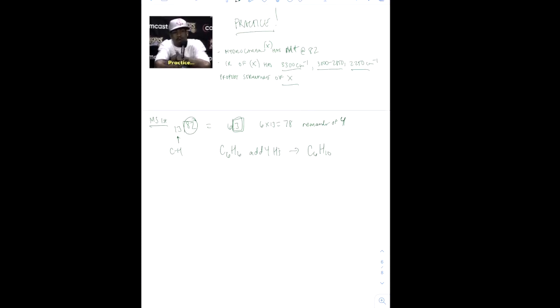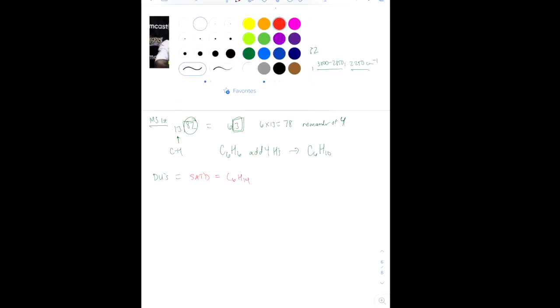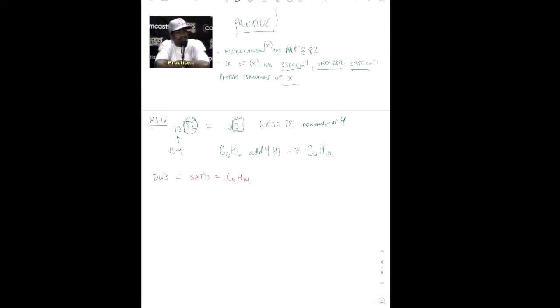Okay, so what we want to do now is calculate the degrees of unsaturation. The way we do that is first decide what the saturated hydrocarbon would have. Saturated equals C6H14. Since the saturated would have 14, but we actually have only 10, we have to find the difference between the two.